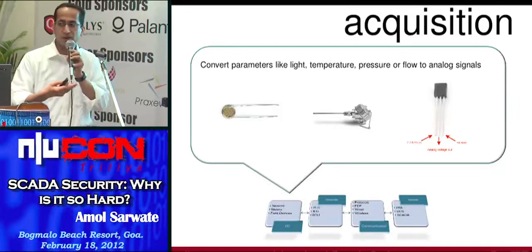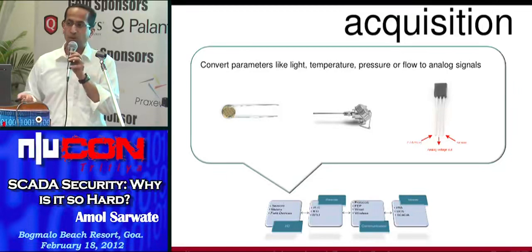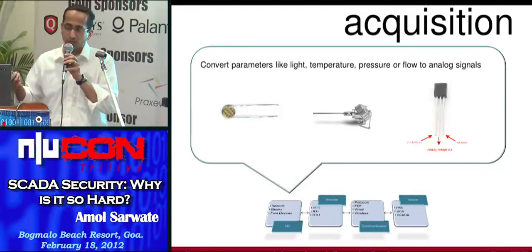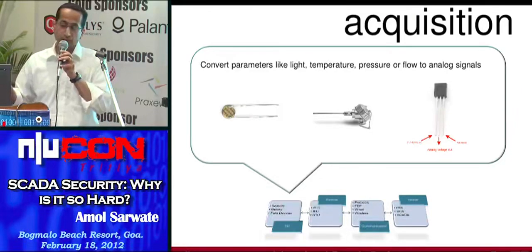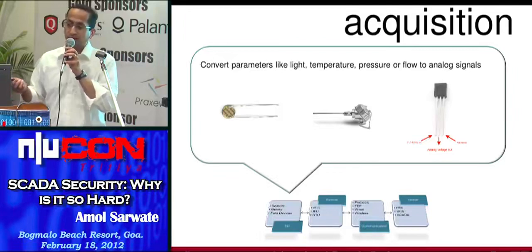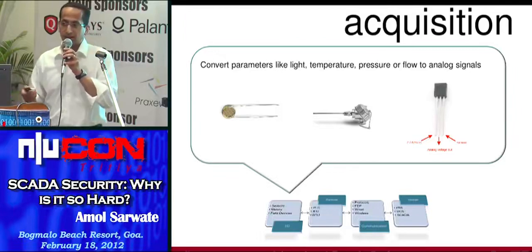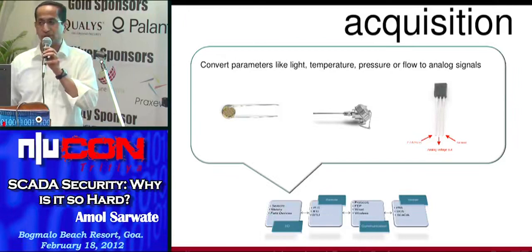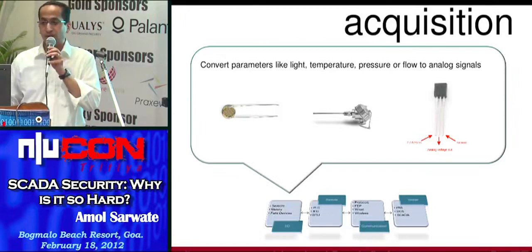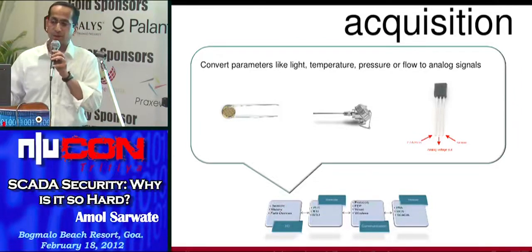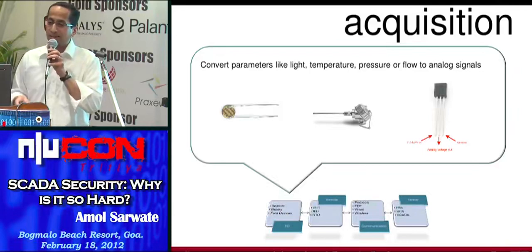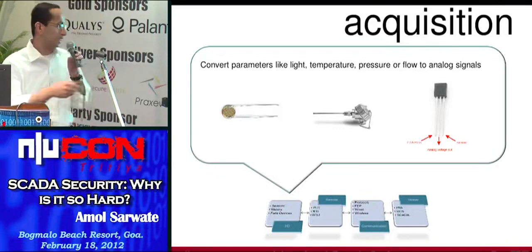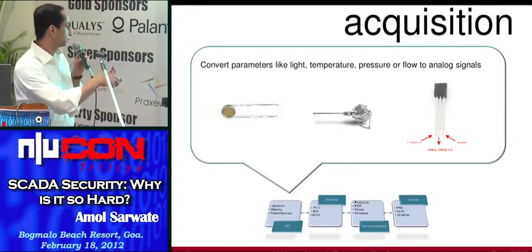There is a pressure sensor, which similarly finds out the pressure of water or whatever liquid it is in, or even air pressure, and converts it to analog. And the last one is the temperature sensor, which senses the temperature and converts it into analog. So these are typically data acquisition components, also called I/O.